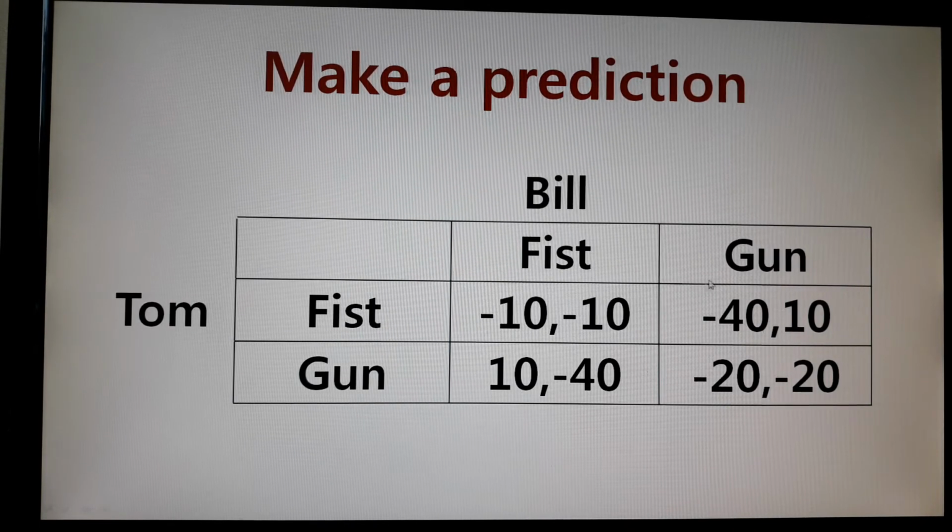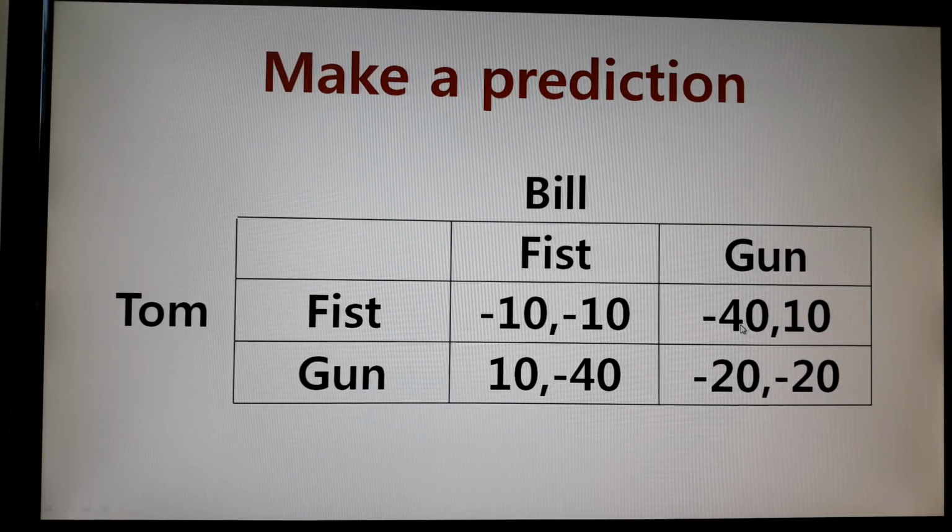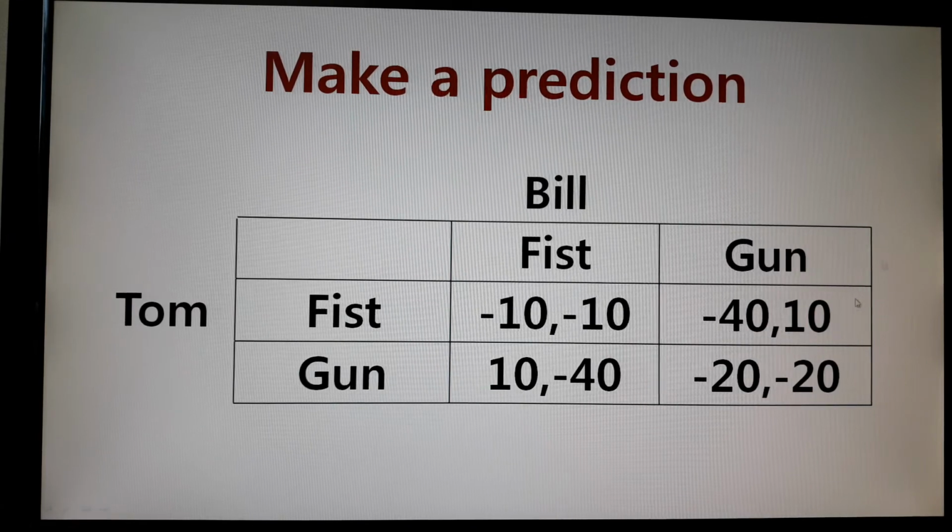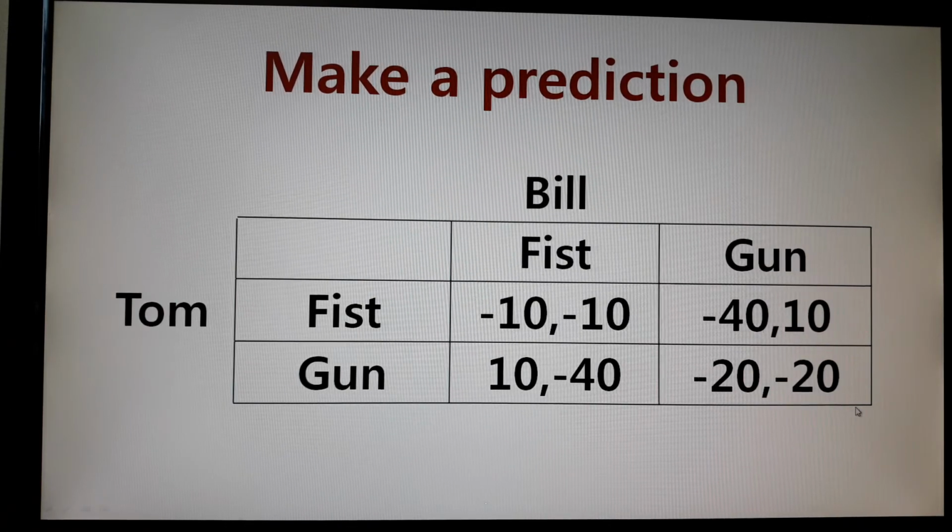And Tom's payoff, why is it bigger than gunfighting against gunfighting? The more painful, -20, -40. When Tom has a gun, Bill is not going to approach Tom, because if Bill approaches Tom and wants to shoot, Tom may shoot first.